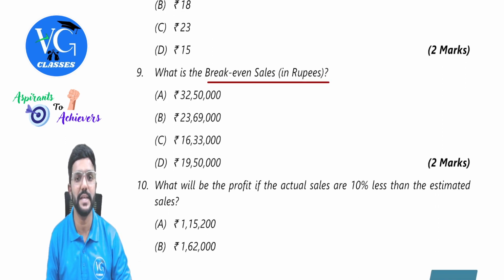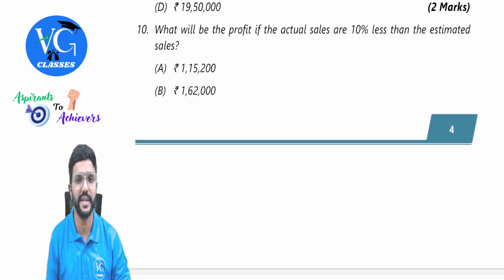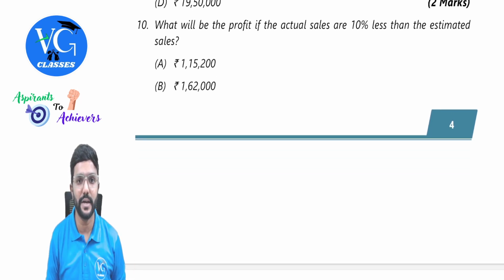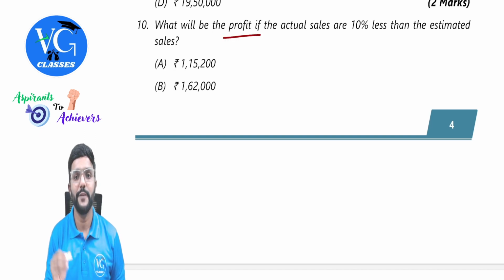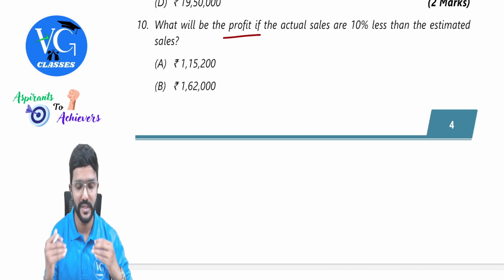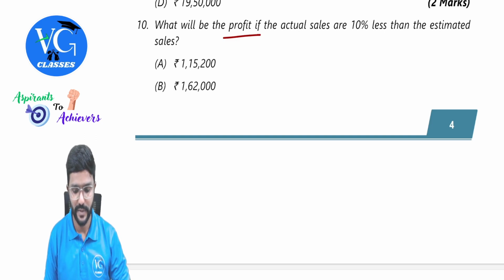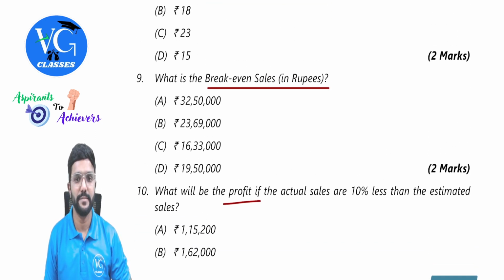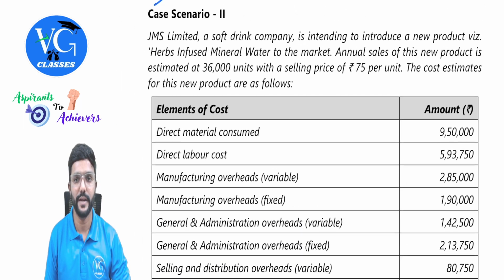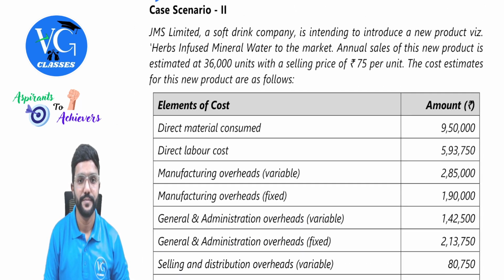Please be careful, break-even sales can be calculated both in rupees and units, but here they have asked in rupees. What will be the profit if the actual sales are 10% less than the estimated sales? Okay, so if there is any change in sales of 10%. Fine, we'll read the case.